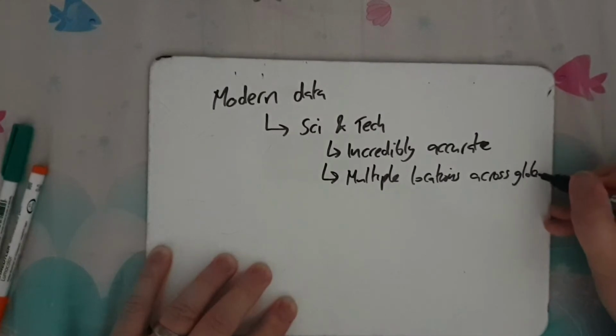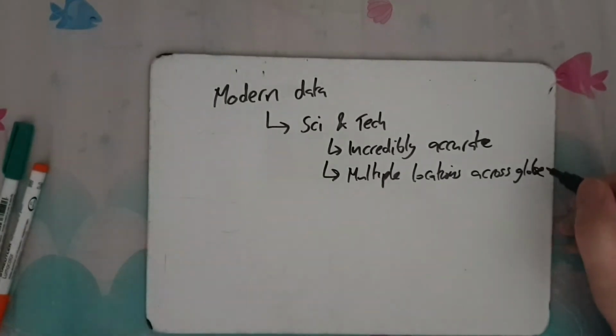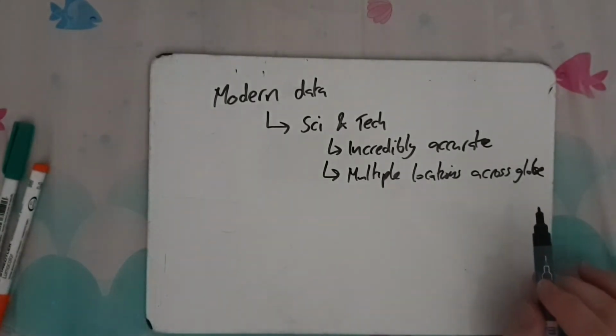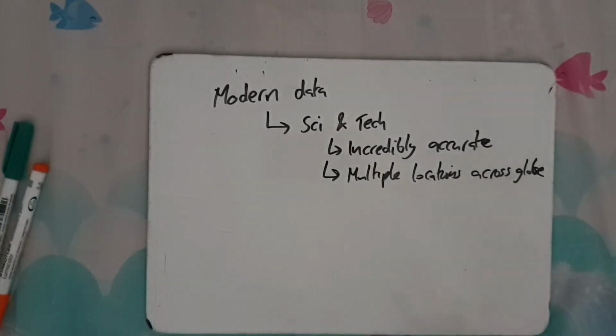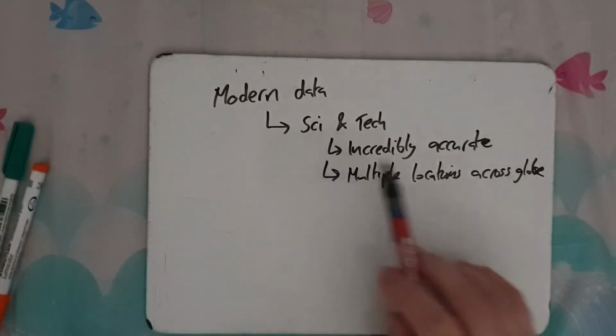People are taking readings of carbon dioxide in the atmosphere all around the world every day. People are measuring the temperatures all around the world on a daily basis to an incredible degree of accuracy.